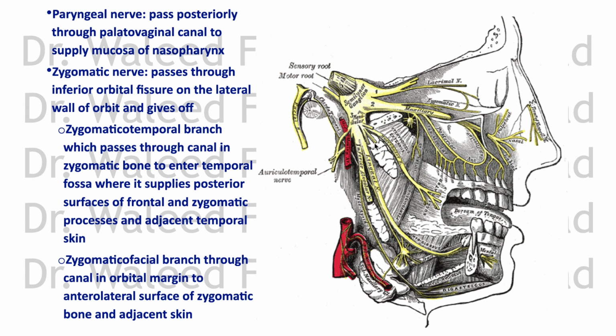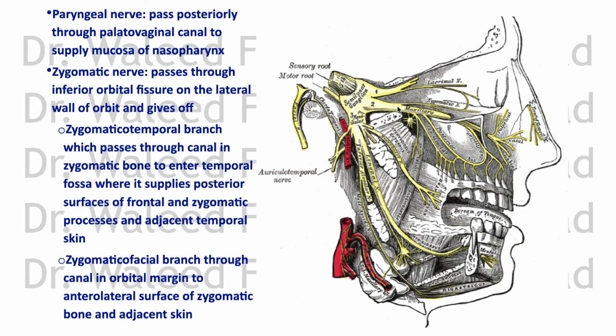Remember, the nasopharynx is the one that's always open and its walls are made by a membrane, the pharyngobasilar fascia. Now its mucosa is supplied, as we learned before, by the maxillary. This is how the maxillary reaches the nasopharynx, through the palatovaginal canal.